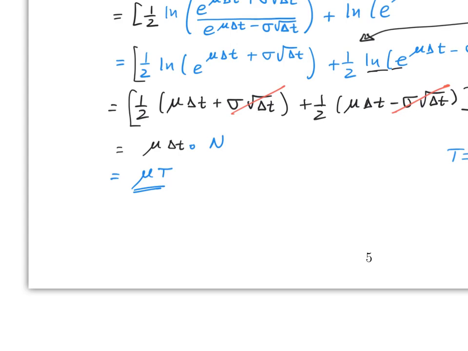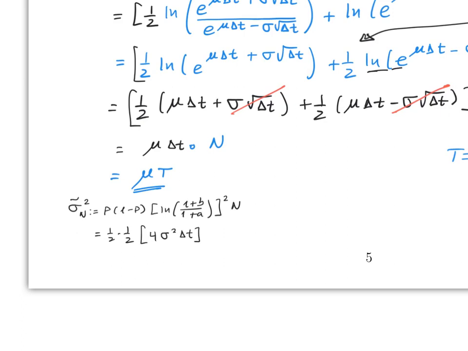Similarly, you can show the variance, which by definition is equal to p times (1 minus p) times ln of (1 plus b over 1 plus a), the whole thing squared, times n. That this is equal to 1/2 times 1/2 if we plug in the same values that we used here. Okay. Once you plug in the values in here, you can check that this is equal to 4 sigma squared delta t.